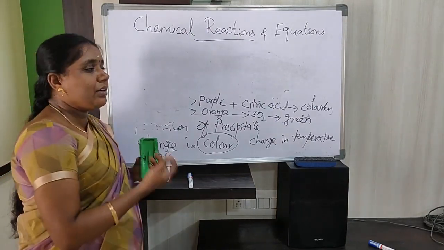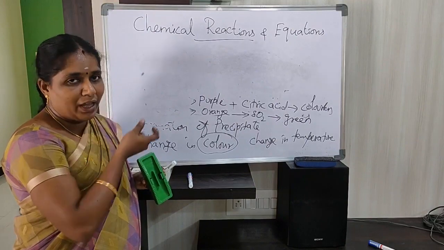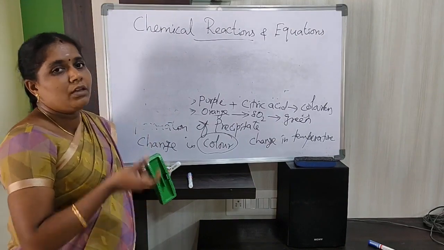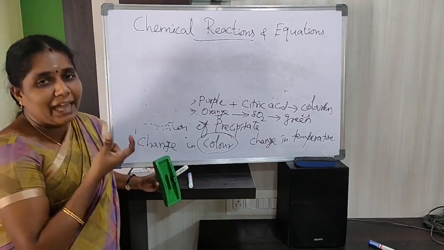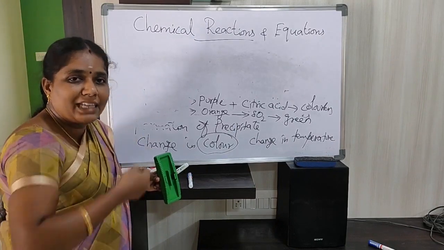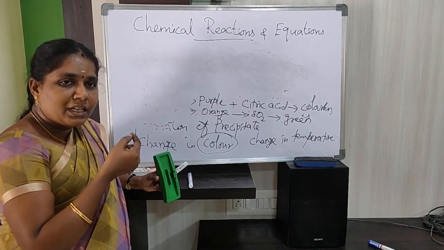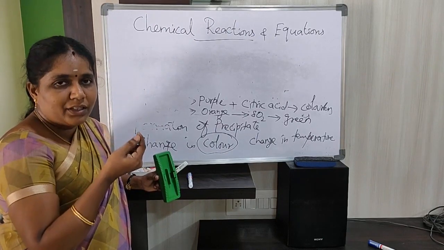Same like this, change in state. For change in state, we can take any example. A simple example is burning of candle wax. What happens when we are burning candle wax? Slowly the wax burns to produce a liquid-like substance, that is water.